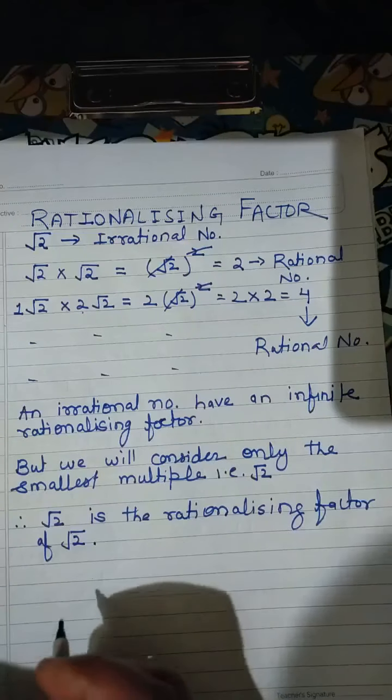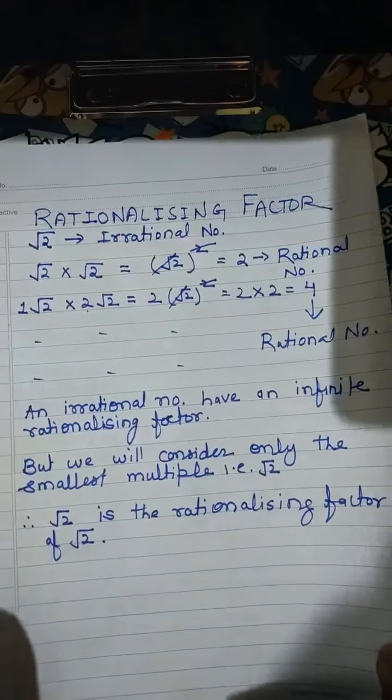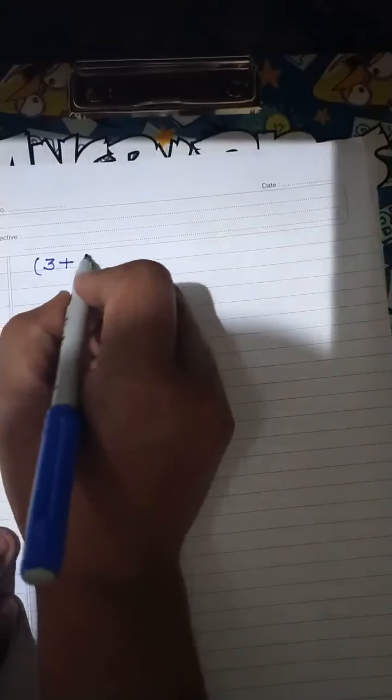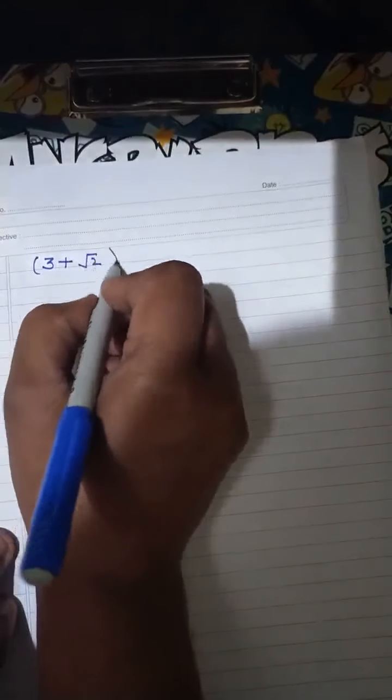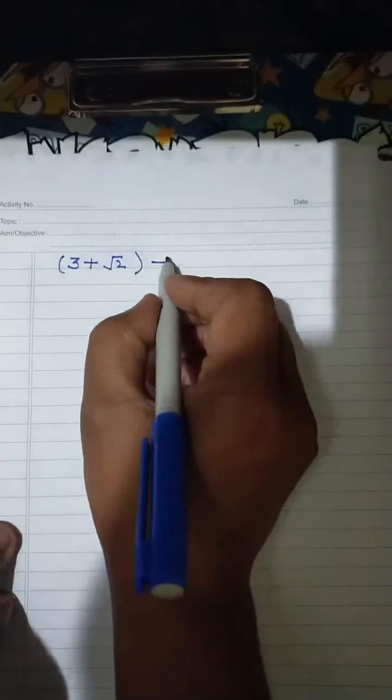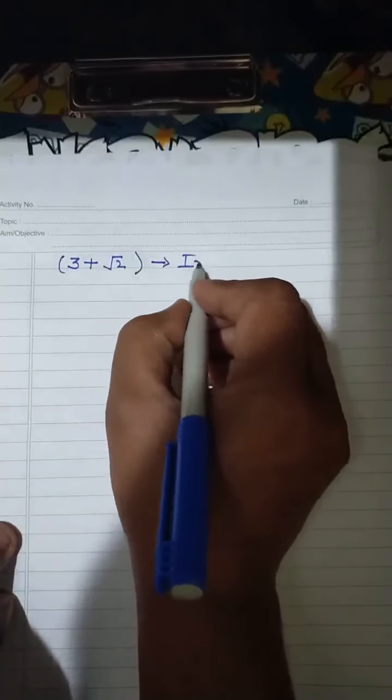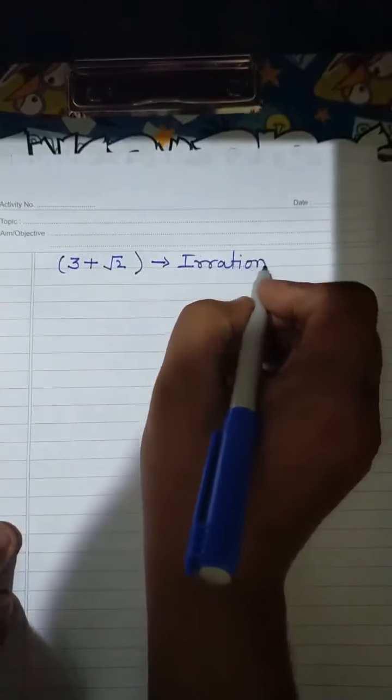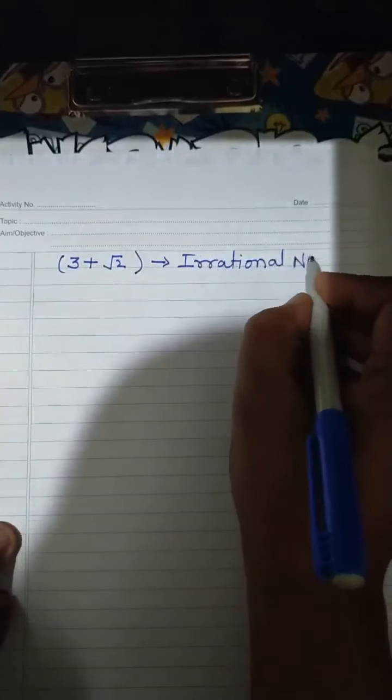Now we will take one more example. 3 plus square root of 2. This is also an irrational number.